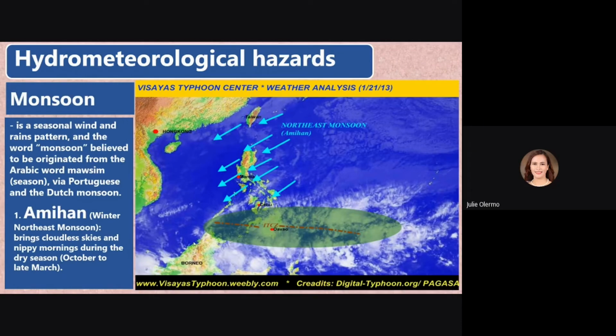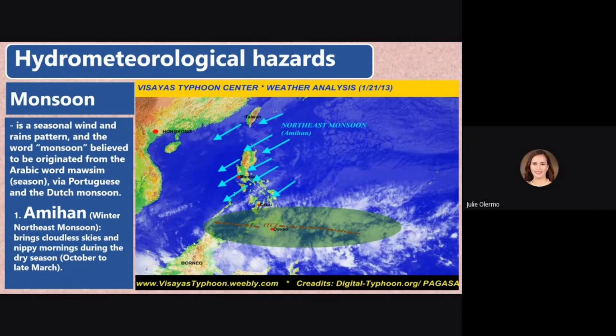The Philippines, being a country located within the tropics, has prevalent winds called monsoons. A monsoon is a seasonal wind and rain pattern, and the word monsoon is believed to have originated from the Arabic word mousim, meaning season, via Portuguese and the Dutch monsoen.